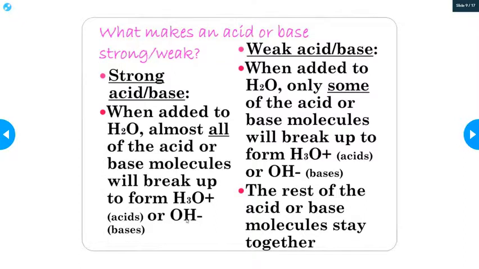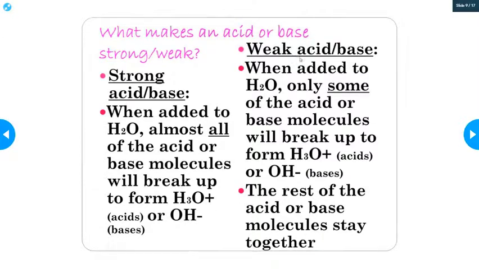Calcium hydroxide, the calcium and the hydroxide would have to separate and break apart if it's a strong base. So you have to have them all pretty much breaking apart. And then your pHs are going to be really low if it's an acid or really high if it's a base.